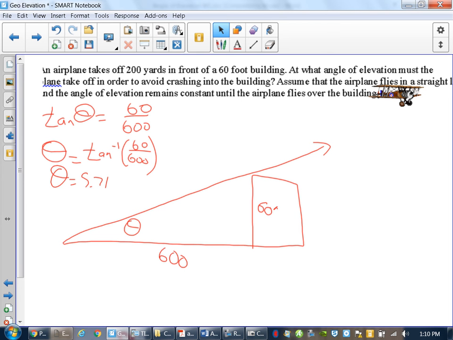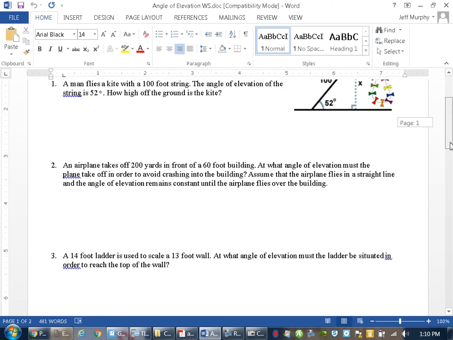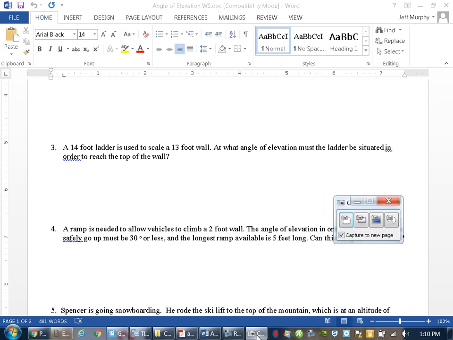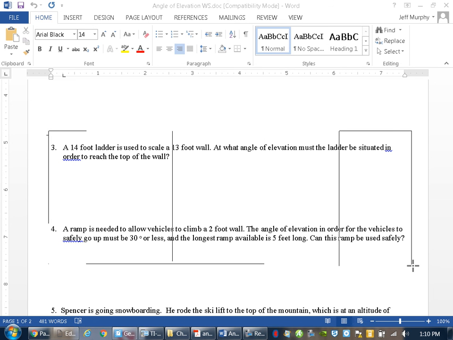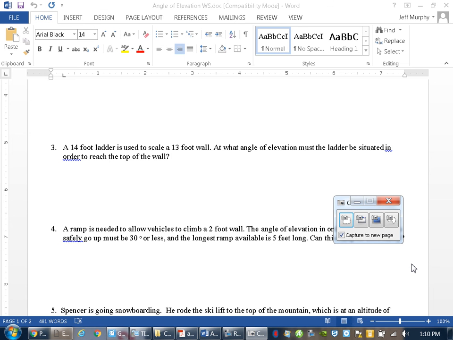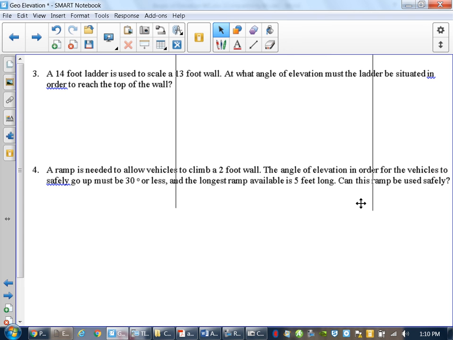I'll change it around again. All right, take a couple minutes, do the next two. The ladder and the ramp. Guys, take a couple minutes, try these two out, okay?